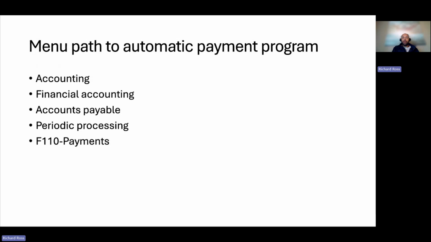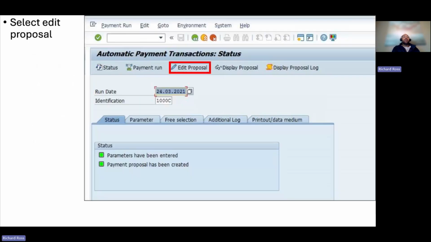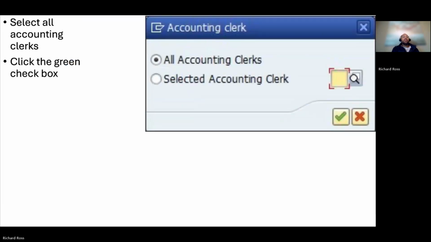Menu path to automatic payment program. Accounting, financial accounting, accounts payable, periodic processing, F110 payments. Select edit proposal. Select all accounting clerks.